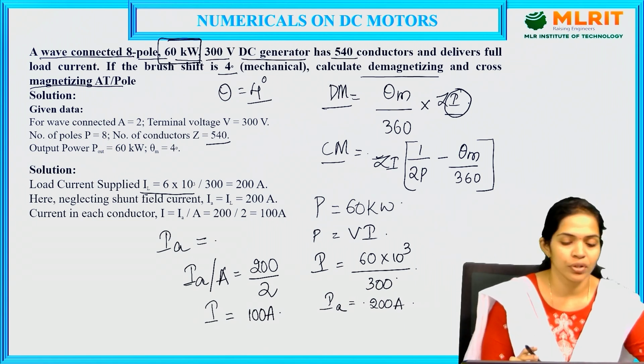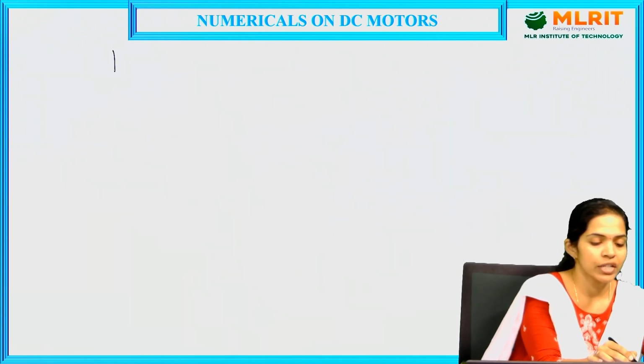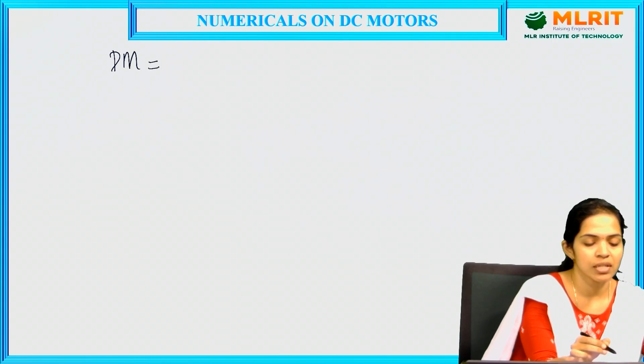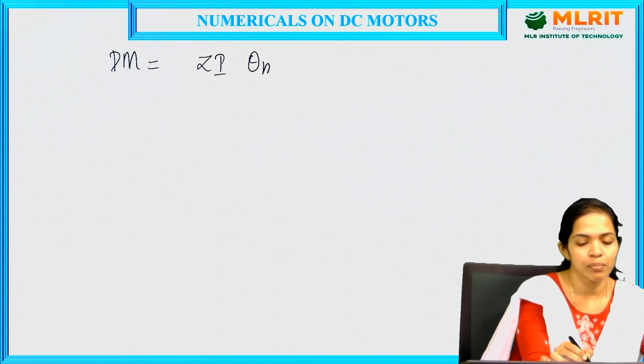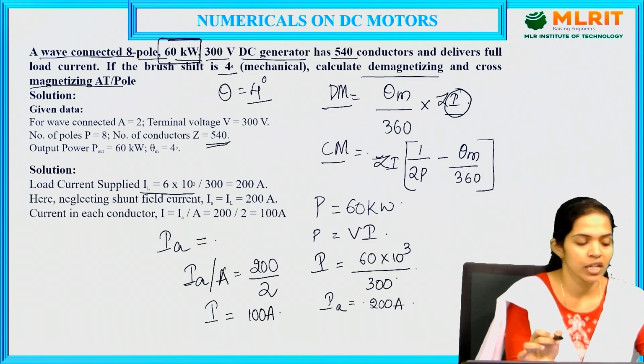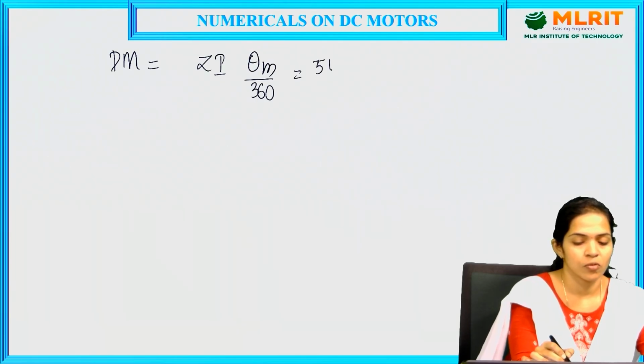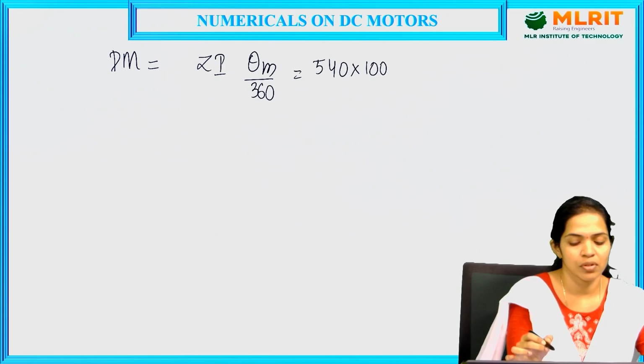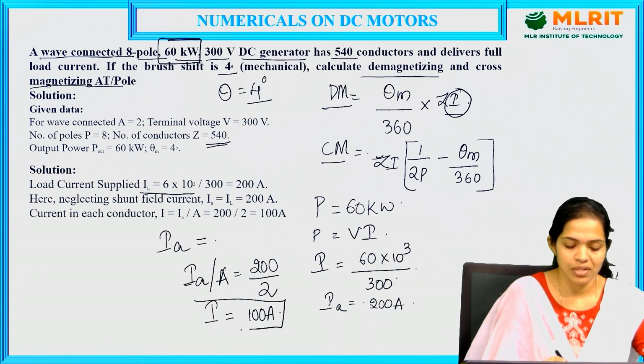Now we are going to substitute it in the relation for demagnetizing ampere turns, that is nothing but Zi into theta m by 360. Z is nothing but, from the previous, 540. I is nothing but 100 amperes, which we have got in the previous slide.